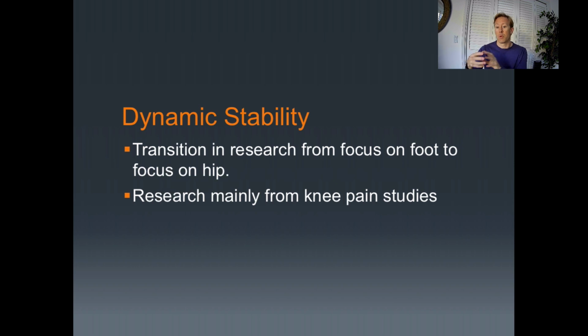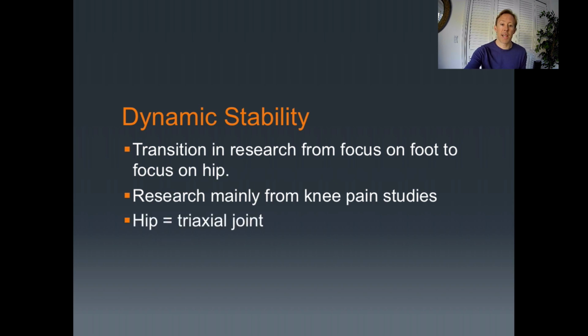This was sort of new research and thinking: maybe this is one of the contributing factors to patellofemoral pain. In some ways, some of this was found by accident. In some of these imaging studies, it was discovered how much of a role it played here.